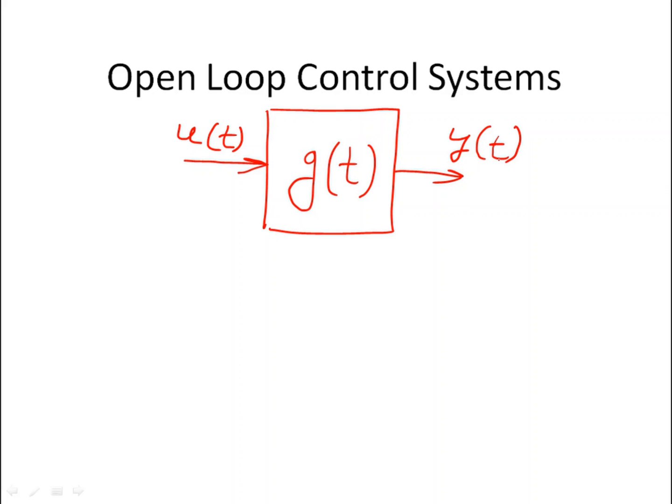Now this is the simplest example of a plant or a system which we use in our subject. So G is a function of time, and to run this machine or plant or function we need certain forcing functions, which is basically here we are defining as U(t). This is the forcing function.